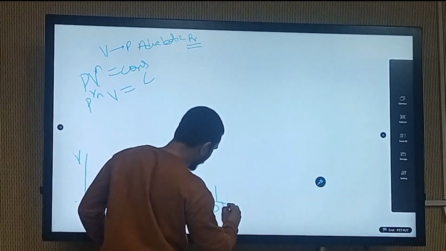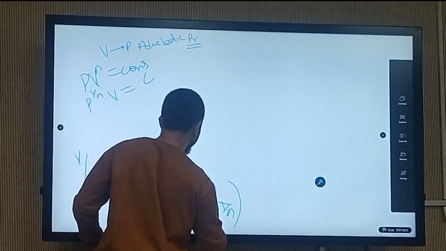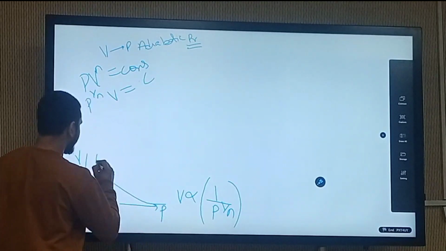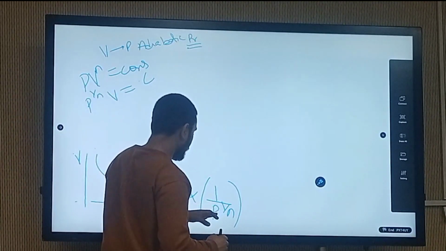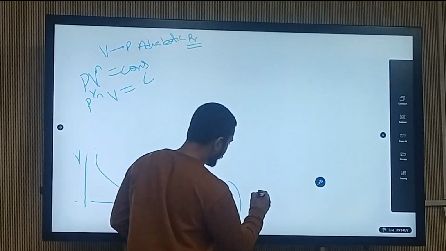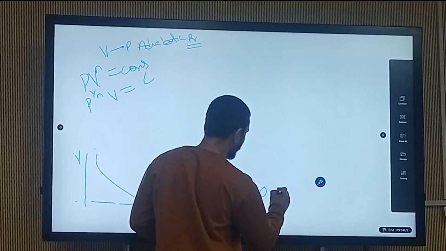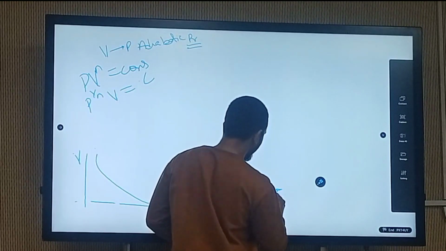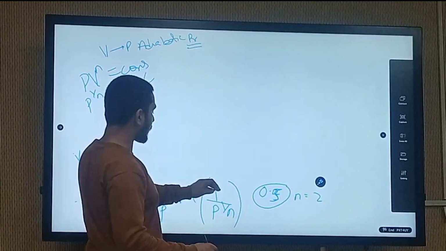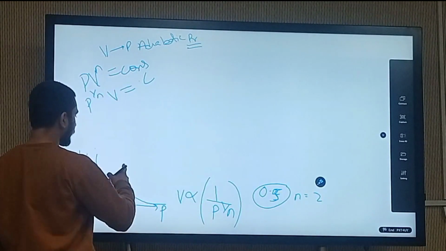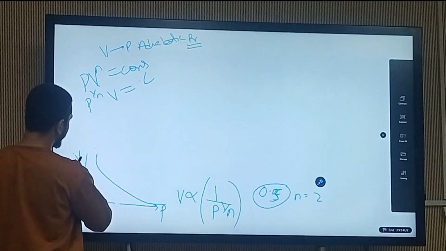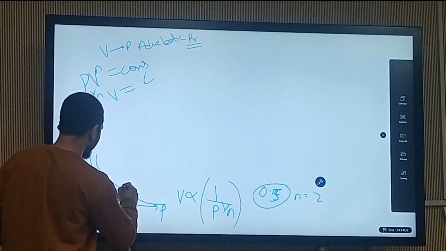So V is directly proportional to 1 upon P to the power of 1 by n. Okay, so for n equal to 1, it is same as y is equal to 1 by x graph. But when n is 2, the value will be 0.5. Okay, so when n is equal to 2, V is directly proportional to 1 upon P to the power of 0.5. So the graph will be opposite to the one for the P versus V graph.